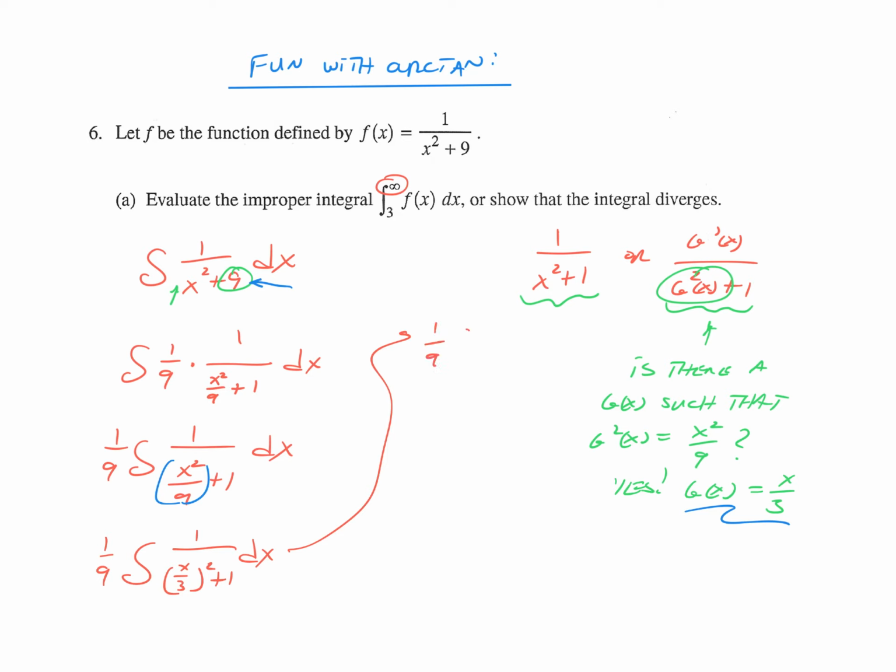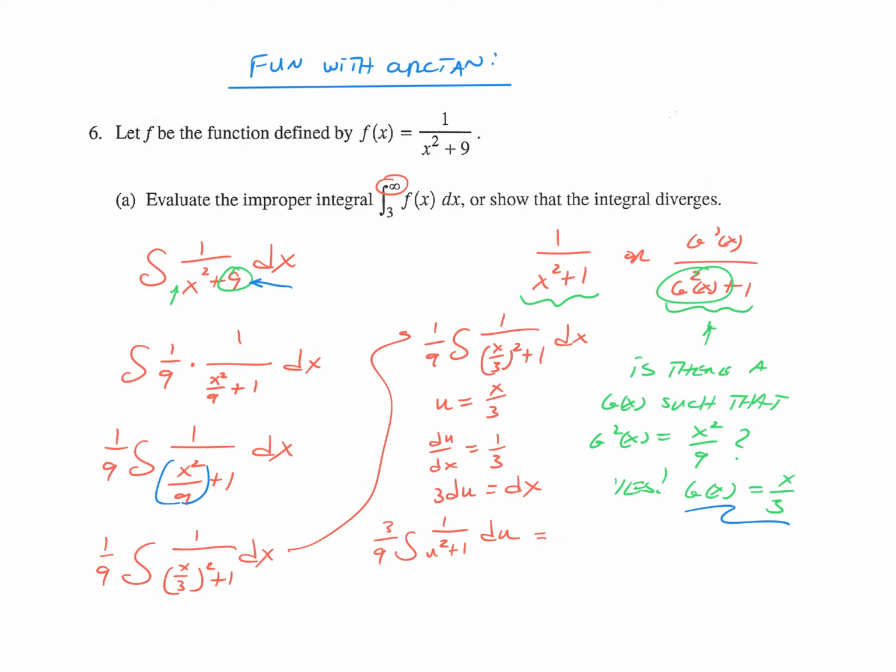Let u equal x over 3, making du/dx equal to 1/3, so 3 du equals dx. When you put 3 du in for dx, the 3 comes out, and you get 3/9 integral 1 over u squared plus 1 du, and you're home free.